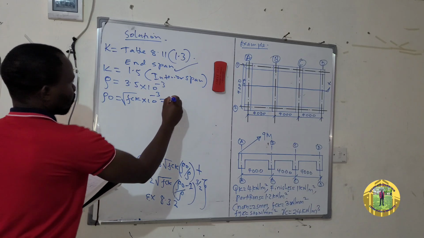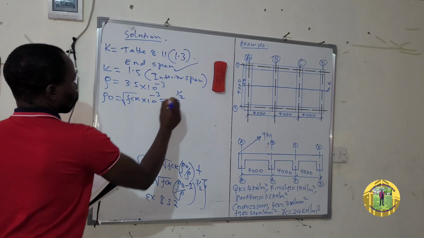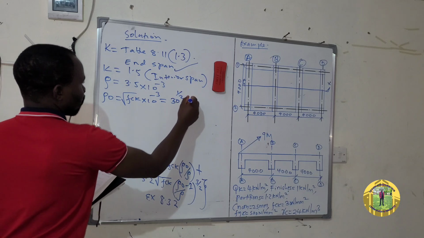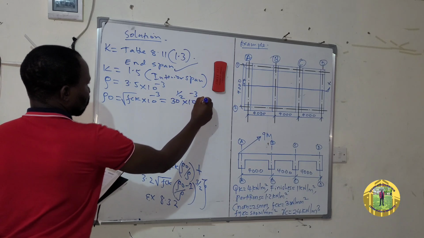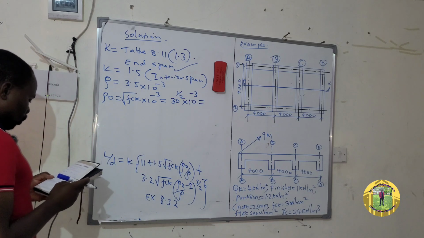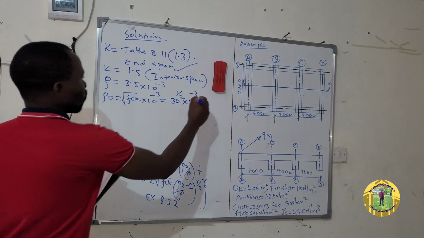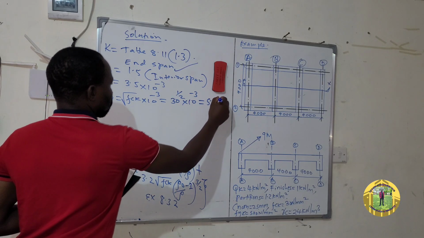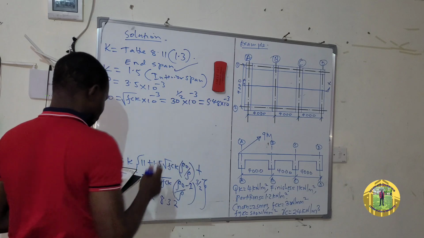FCK is 30, raised to power a half, or square root of 30, times 10 to the power of negative 3. So this one is equal to 5.48 times 10 to the power of negative 3.